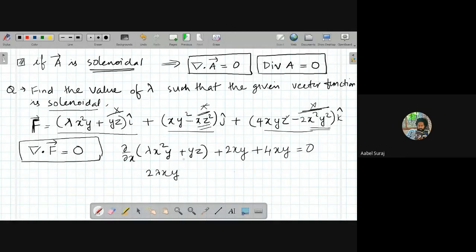So here it will be 2 lambda xy plus 2xy plus 4xy, that is 6xy, is equal to 0.